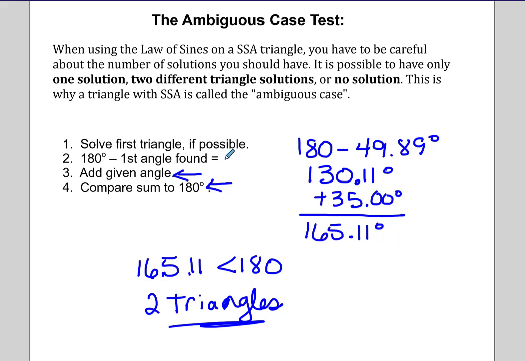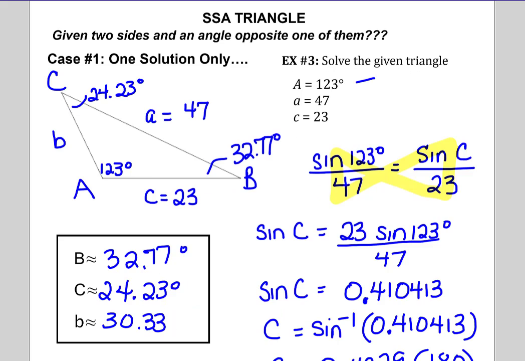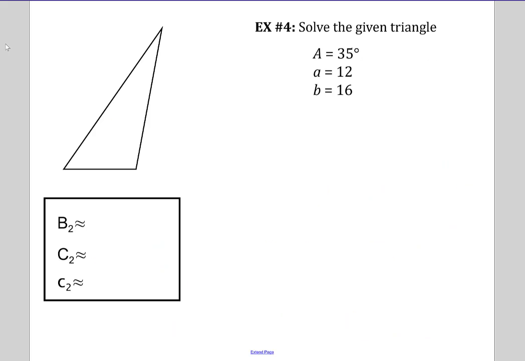Now here's why I said this answer was really important. That 130.11 answer, after we did 180 minus the first angle we found, this is our B2 angle. And here's how that works out. Okay, so we had this triangle was given. If A was 35, I'm going to call this the B2.